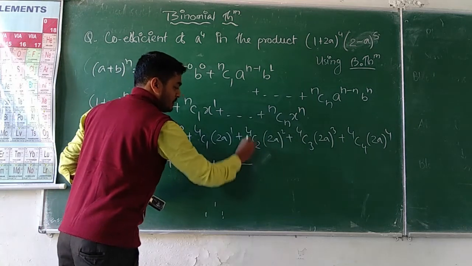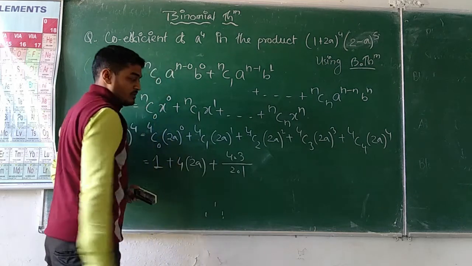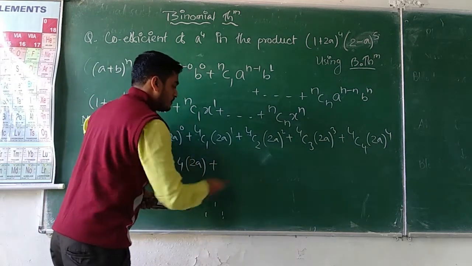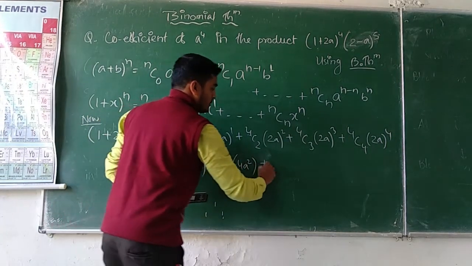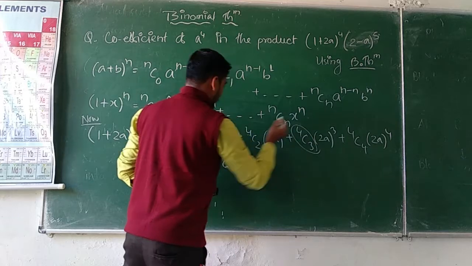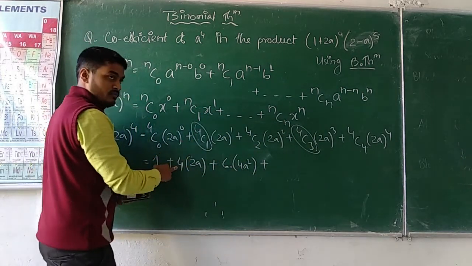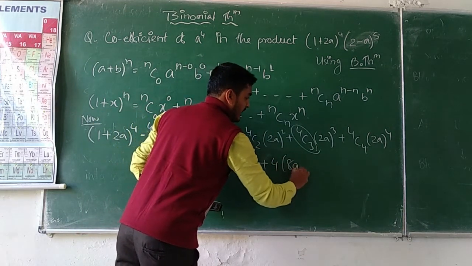Do you know 4C2? It is (4 × 3)/(2 × 1), which is 6, so it will be 6 into 4a^2. Plus 4C3, which equals 4C1, that is 4, so 4C3 is 4, and it will be 8a^3.